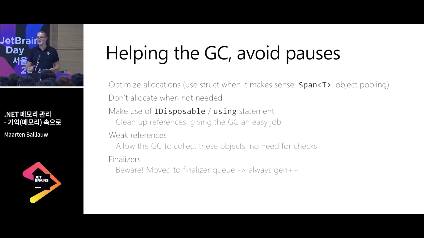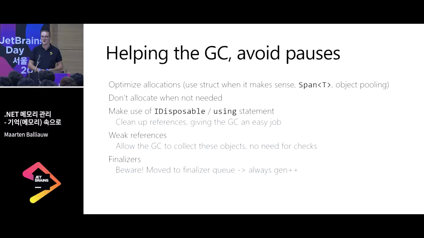A lot of that is being done in .NET Core right now, where when it makes sense, .NET is making use of a struct instead of a class, because structs go to a different place that is not managed by the garbage collector. Span of T is one. The object pooling pattern is one technique to reduce those allocations. Of course, if you don't have to allocate when it's not needed, then don't allocate. That's also a good way to optimize.